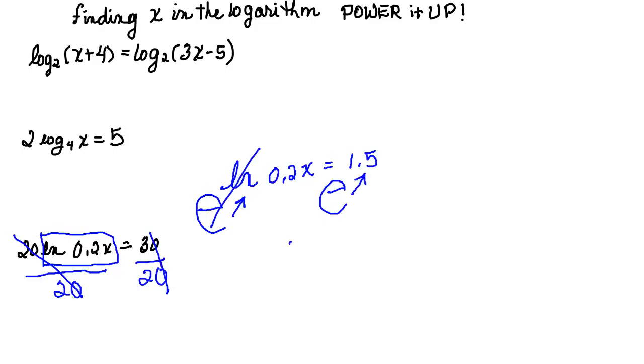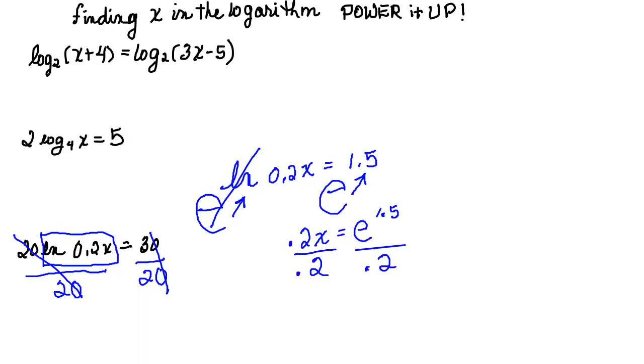And so we get 0.2x equals e to the power of 1.5, which we know we've got to divide by the 0.2. Again, it can be very calculator driven. Just follow your steps in order here.